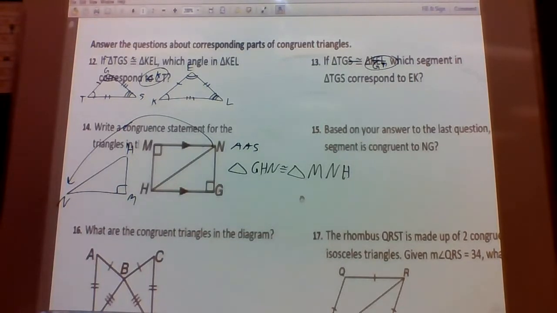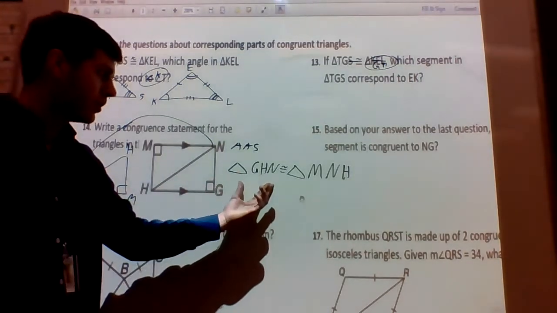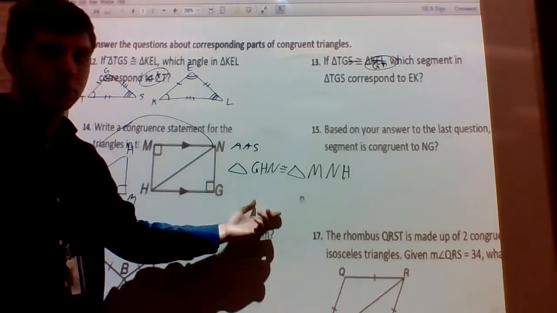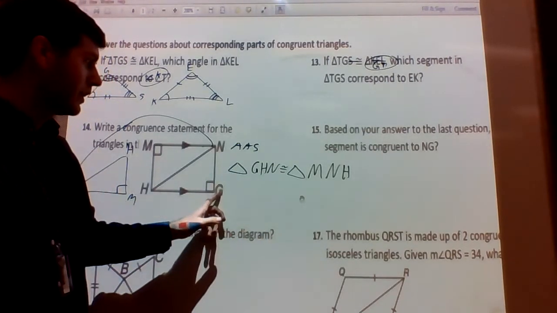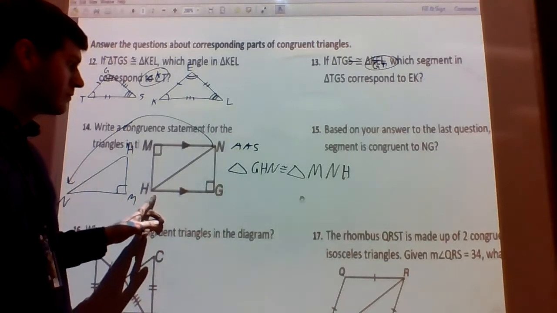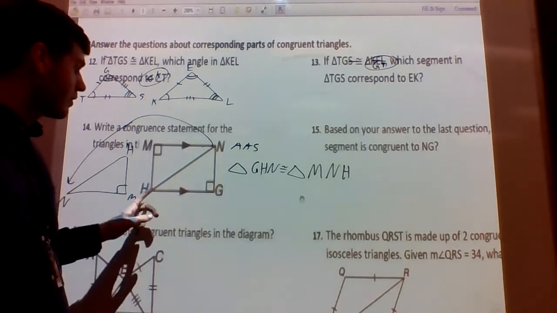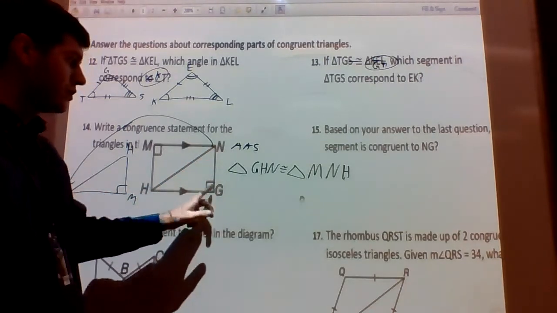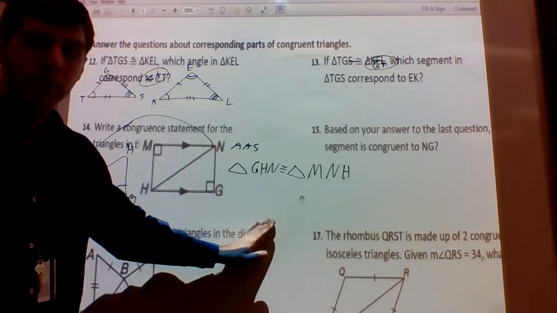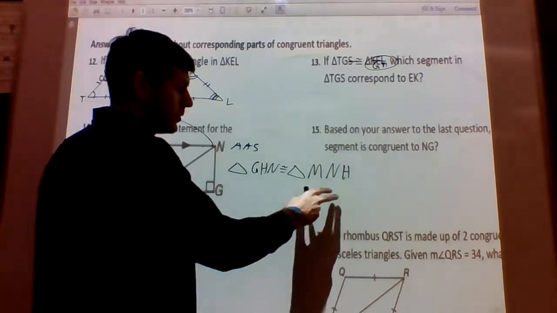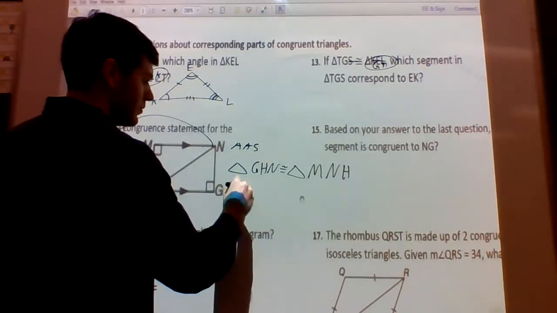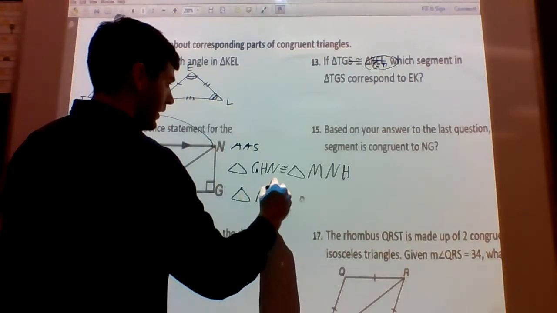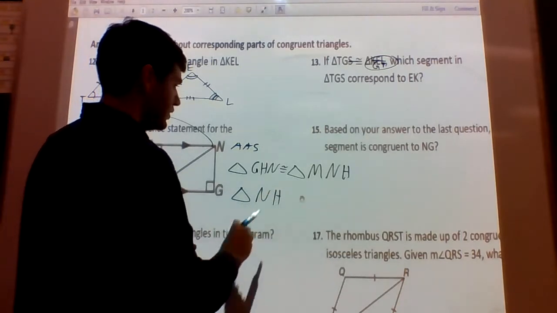And again, you could have named this first one 6 different ways. So there's 5 other ways to name this. We could have named it triangle GNH, triangle HGN, triangle HNG, triangle NGH, triangle NHG. Any one of those ways would have worked, but then we would have to match up the other one congruent. So let's just say we name this NGH.